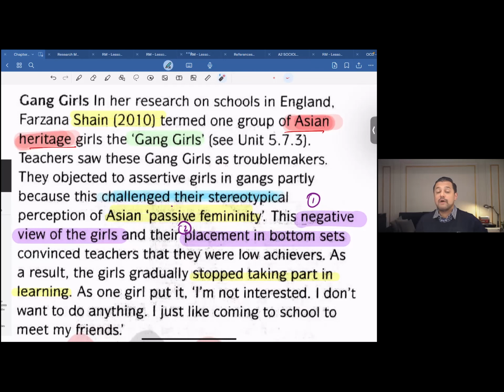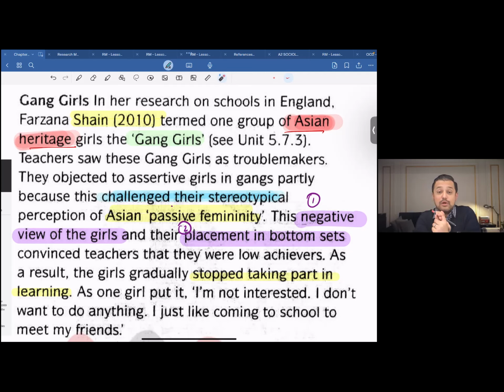So, five researchers, five theories that I had mentioned at the beginning that we'd be discussing today. We initially spoke about the study conducted by Gilborn and Youdell in the early 2000s, followed by the study conducted by Tony Sewell in 1997. Number three, the research conducted by Heidi Safia Mirza in 1992, followed by the study conducted by Connolly in 1998.